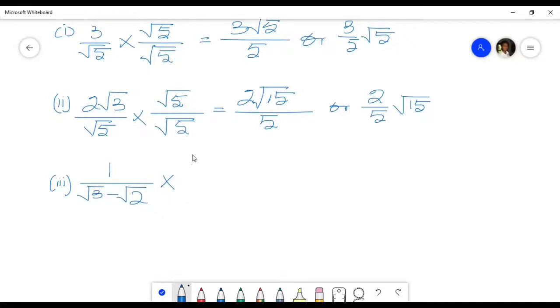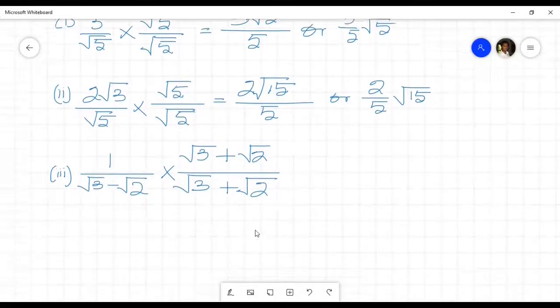The conjugate of the denominator will be root 3 plus root 2. Conjugate means to change the sign, so root 3 minus root 2 becomes root 3 plus root 2. That is what we do to rationalize the denominator. We have multiplied the fraction with the conjugate of the denominator.